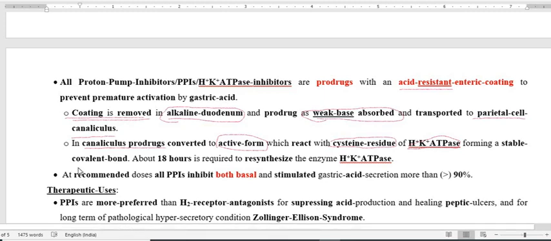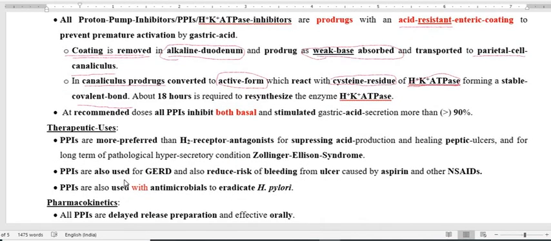Thereafter, it inactivates the enzyme. Once the enzyme is inactivated, it will not participate in the efflux of the hydrogen ion, and therefore hydrochloric acid will not be formed.